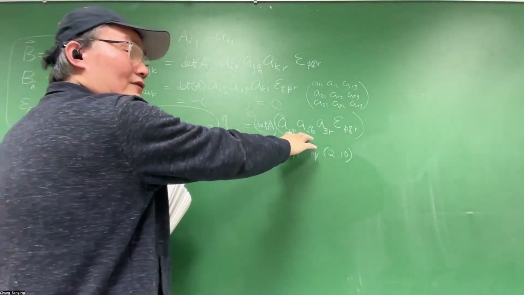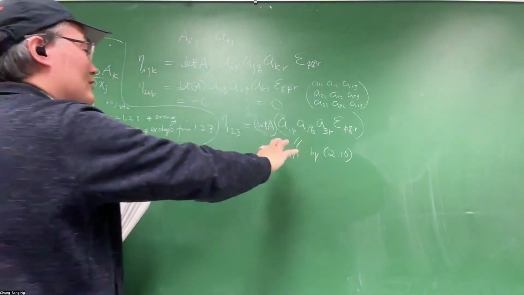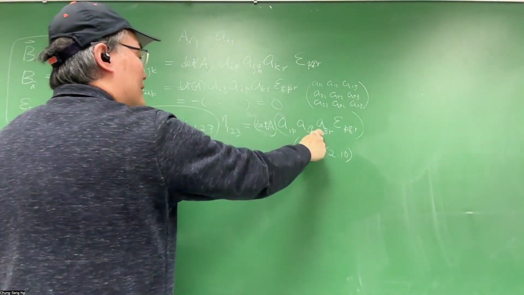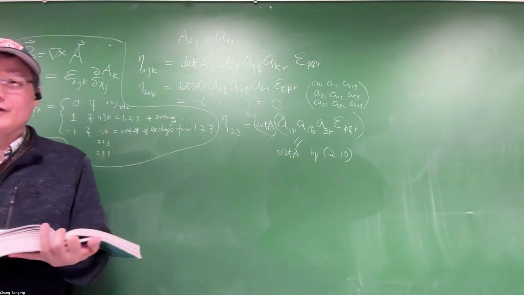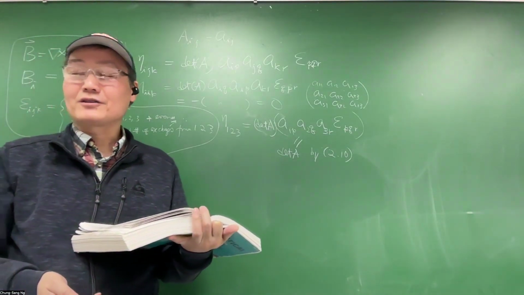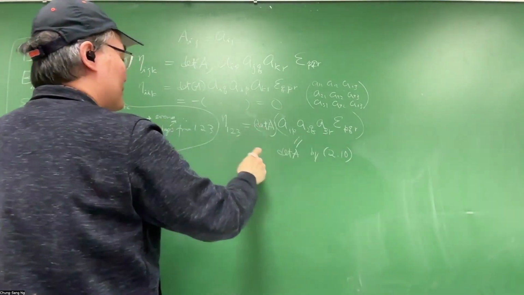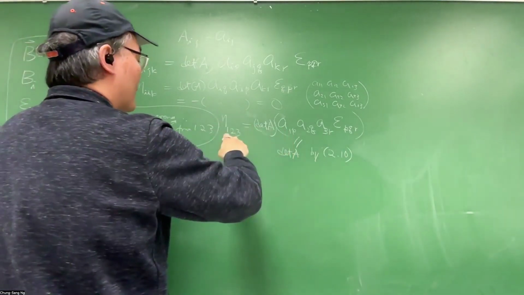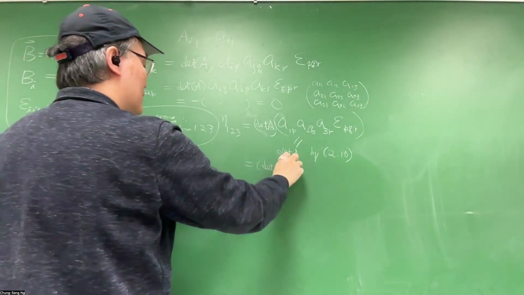So that is following the same rule. If you include all the terms, sum over all the terms, this will give you exactly what we usually call the determinant, right? How you calculate the determinant. So that is a determinant. So this means that this 1, 2, 3 element is determinant A squared. This is one.